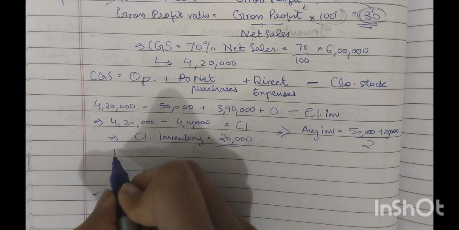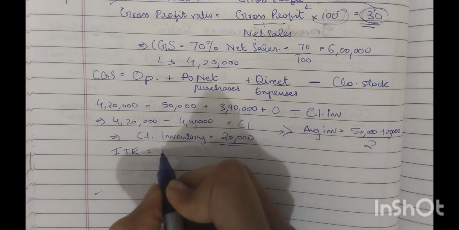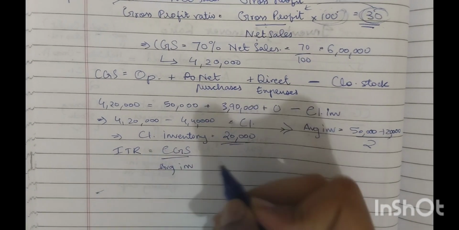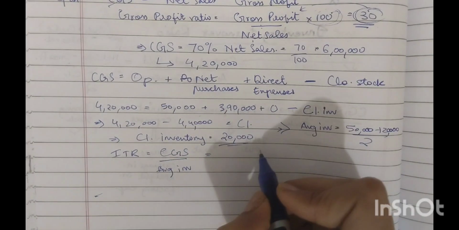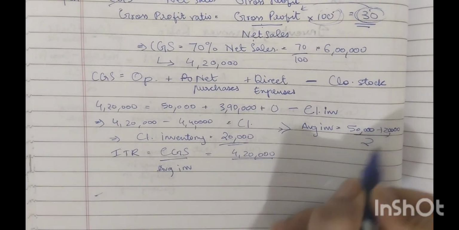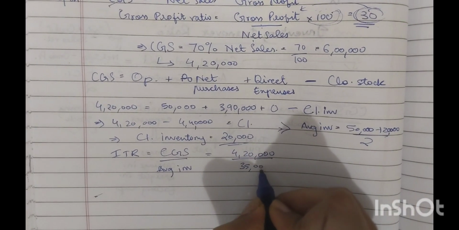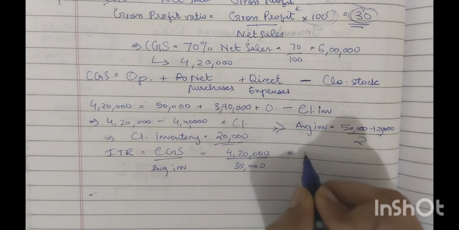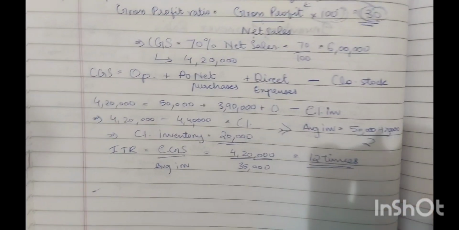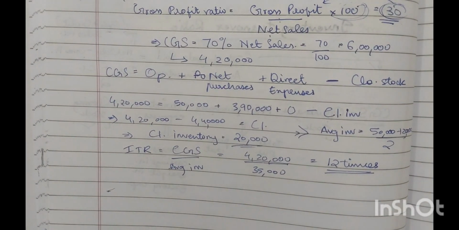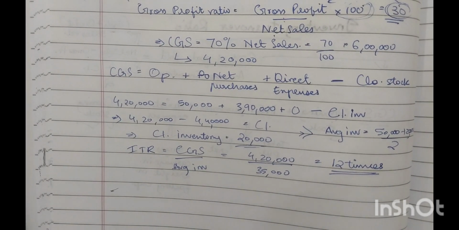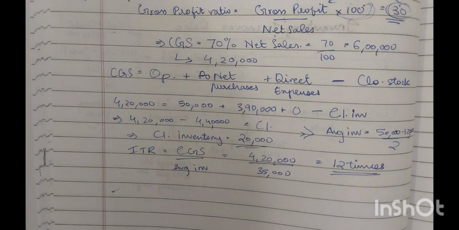Now we know inventory turnover ratio is equal to CGS by average inventory, which is 4,20,000 by average inventory, 70,000 by 2, 35,000, which is equal to 12 times. Now this is a very good inventory turnover ratio because, as I mentioned earlier, we're buying stock once every month, which is considered to be efficient and optimal use of resources.